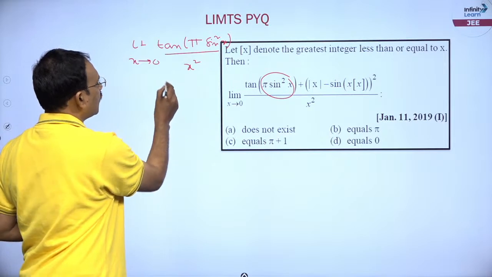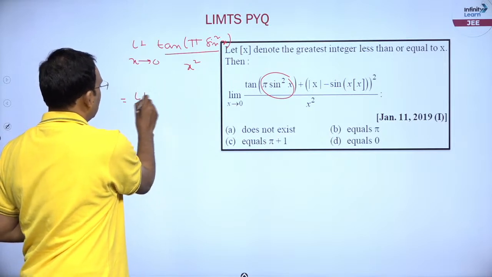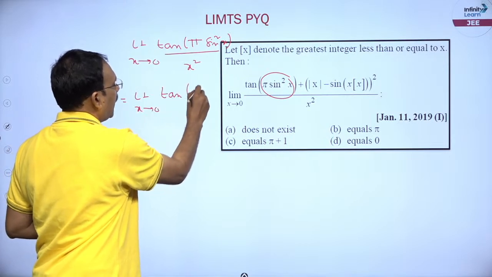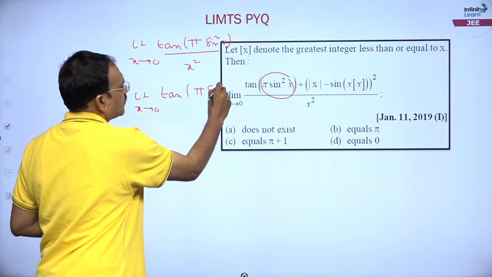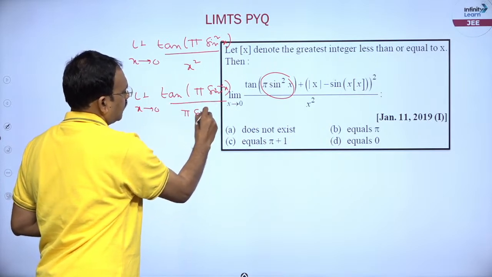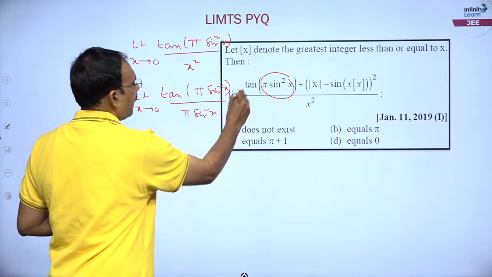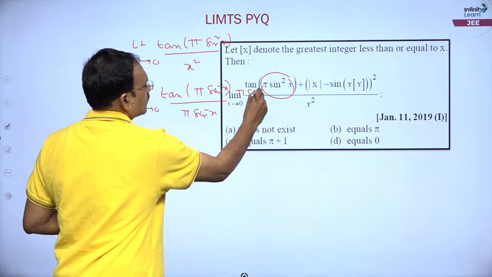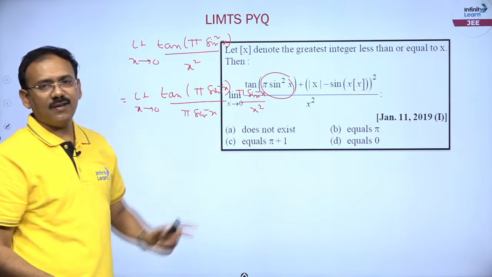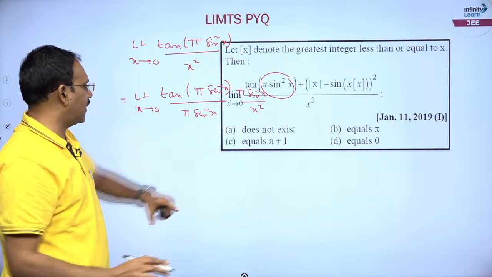You can also write, dear friends, this is limit x tends to 0, tan of pi sine square x by pi sine square x, into pi sine square x by x square. Because it is simple, I have written here, please do not mind the overwriting.